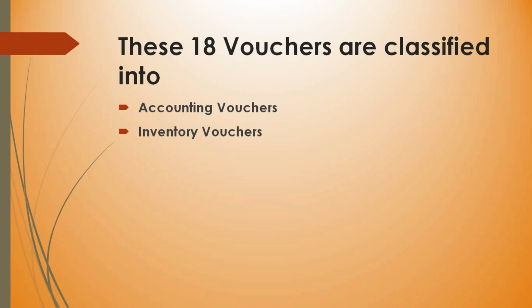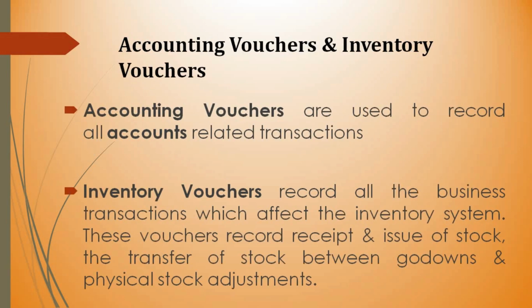And these vouchers are classified into two types: accounting vouchers and inventory vouchers. Accounting vouchers are used to record all account related transactions. So all the transactions that affect the cash will be entered into accounting vouchers, and the transactions related to the inventory system are entered into inventory vouchers.